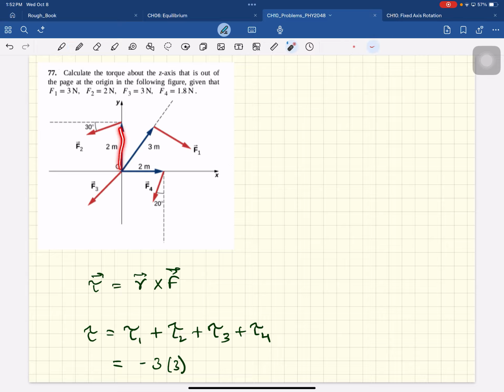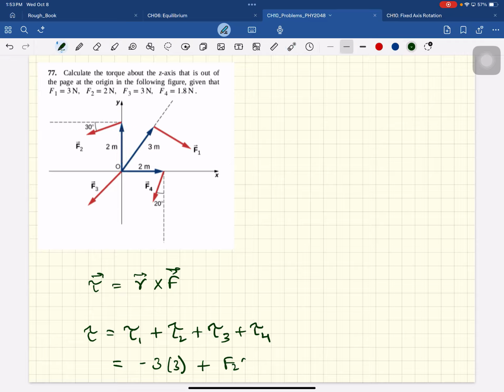Torque 2 is positive. Now here's the deal. This force can be broken up into this component and that component. This component is passing through the origin, so we'll have no torque. So it's just F2 cosine 30 times 2 meters. And that's positive.